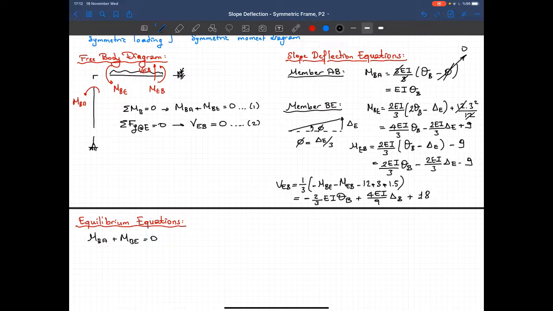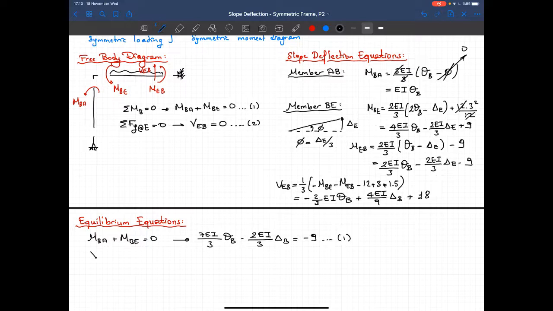This gives me my first equilibrium equation, which is 7EI over 3 theta B minus 2EI over 3 delta E equals minus 9. That's our first equilibrium equation.